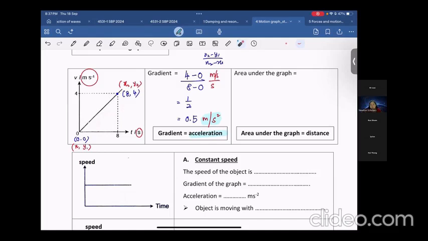Xuan correct, but can you give me the unit for the area under the graph? What is the unit? Megan, magnitude is correct, but the unit is wrong. So far none of you give me the correct unit.